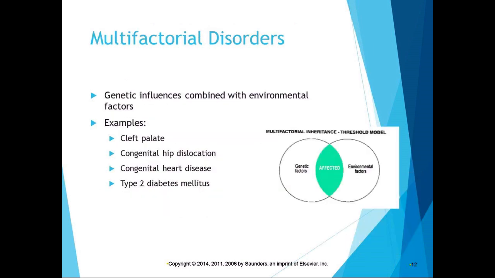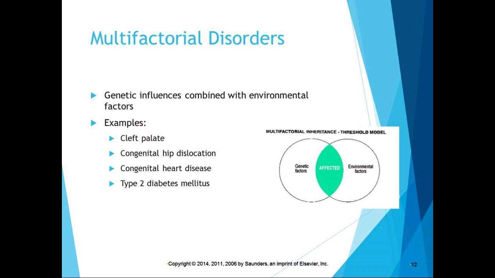So multifactorial disorders are genetic influences combined with environmental factors. Some examples of multifactorial disorders are cleft palate, congenital hip dislocation, congenital heart disease, type 2 diabetes. So basically you have that genetic predisposition interacting with environmental factors which may or may not cause you to develop the disorder.